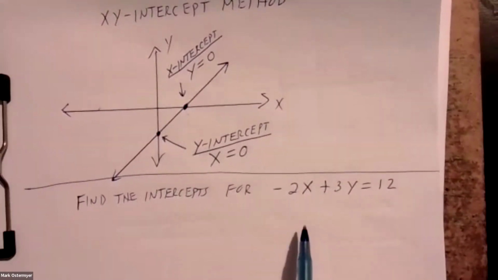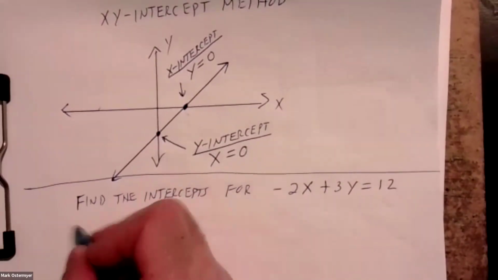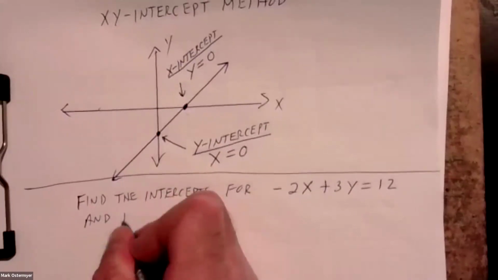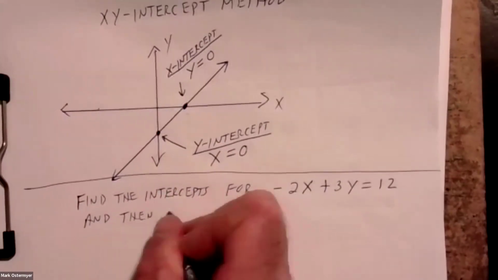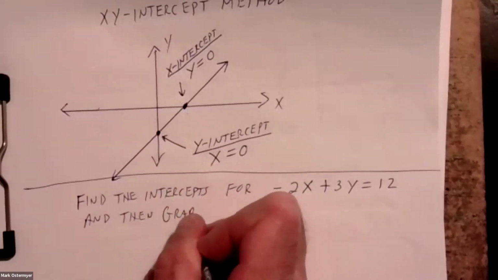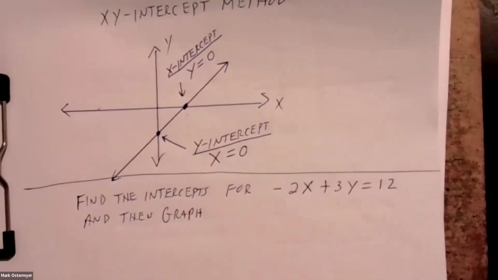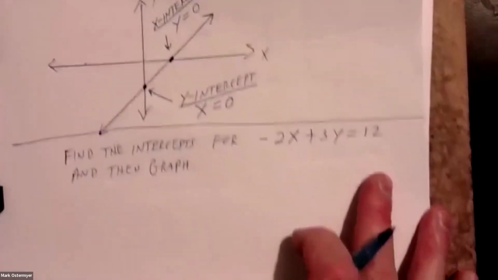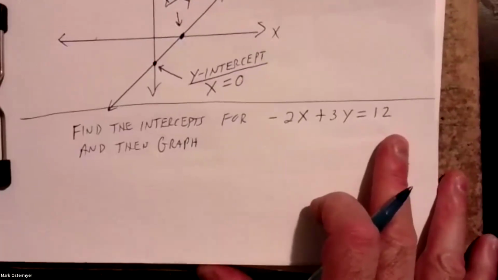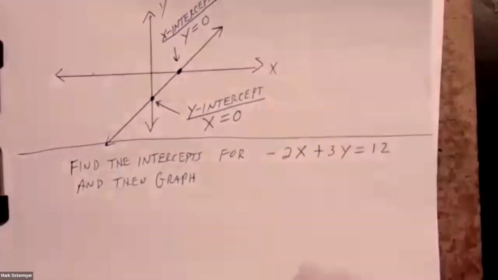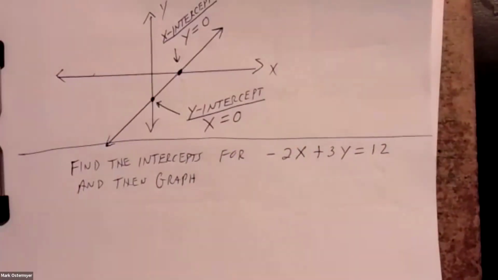We're going to find the intercepts for this linear equation and then graph it. Okay. So how do we do that? Now, does it matter what intercept you find first? The answer is absolutely not.